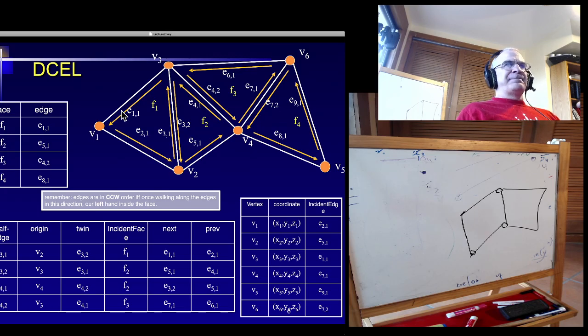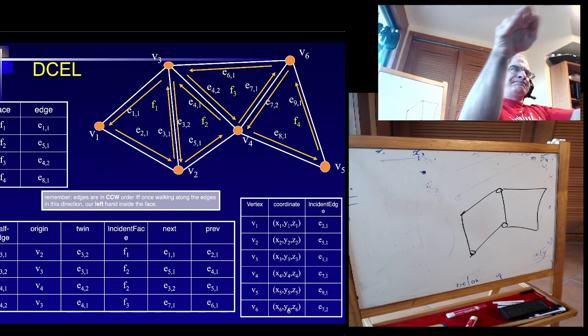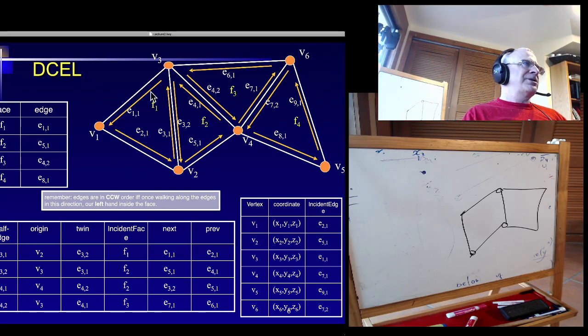Again, the next would have been a very confusing question if it were the full edge, because it belongs to two faces, and each of the two faces goes in a different direction. But for a half edge, the next one is clear. So for E31, the next is E11, and for E32, the twin half edge, the next is E51, going over here.